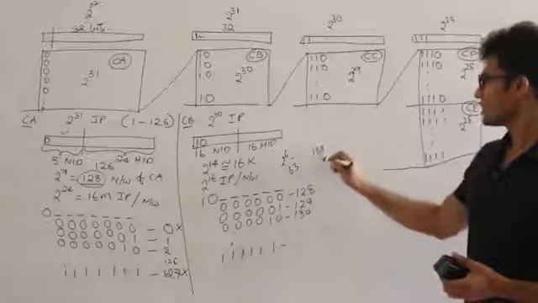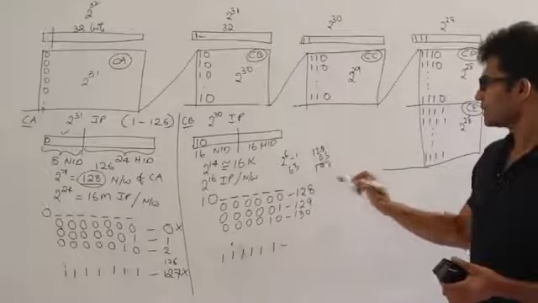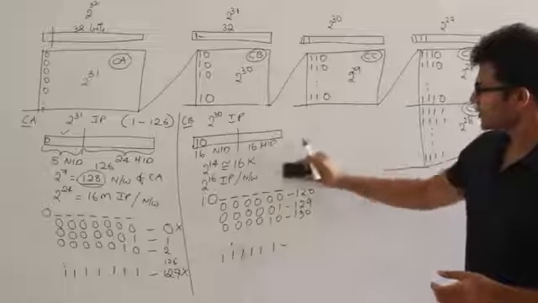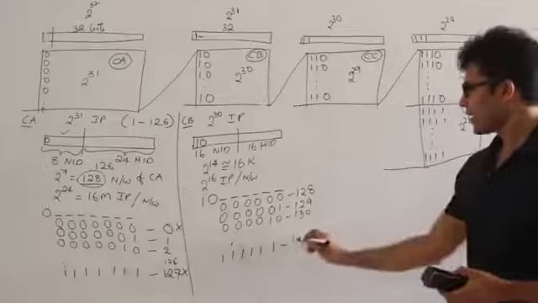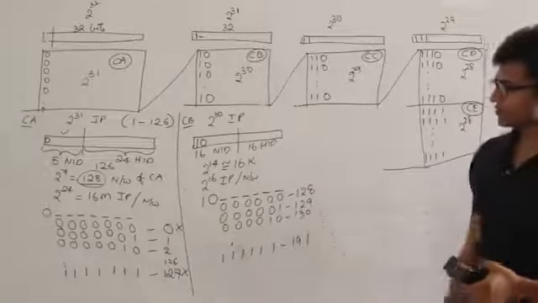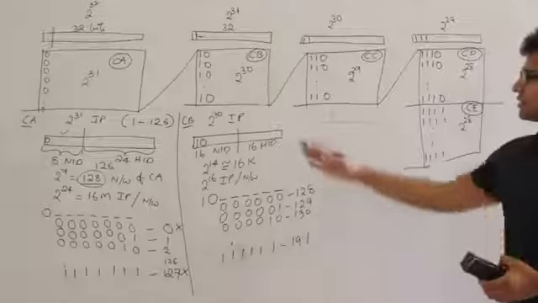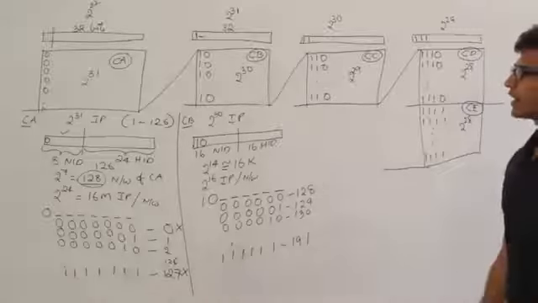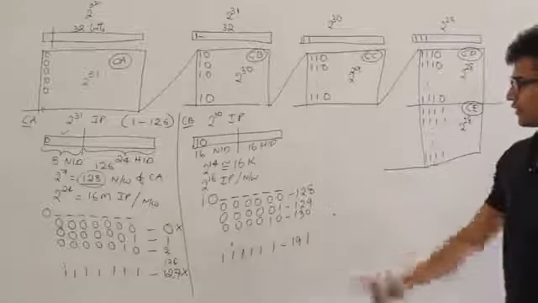Therefore 128 plus 63 is 191. Therefore the last one is 191. You need not memorize this range, you can derive it this way. So the practical range of class B is 128 to 191.